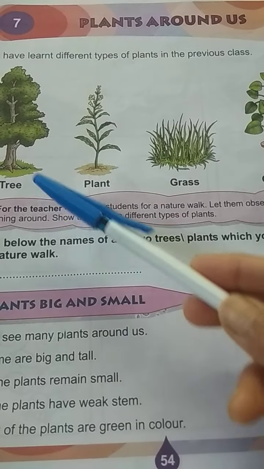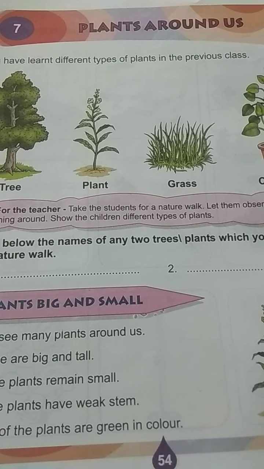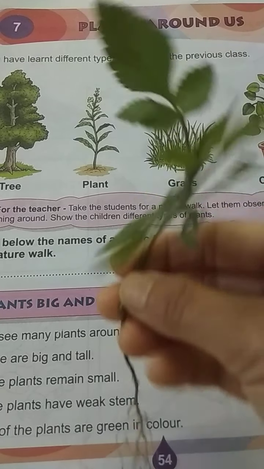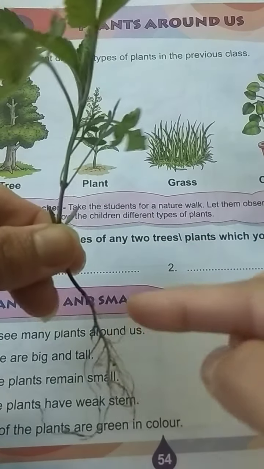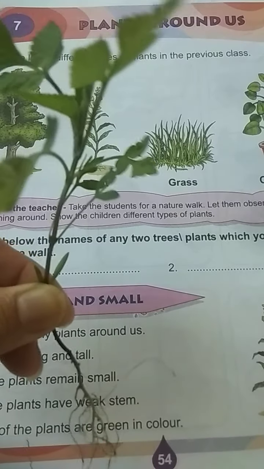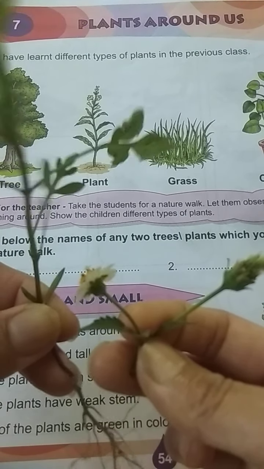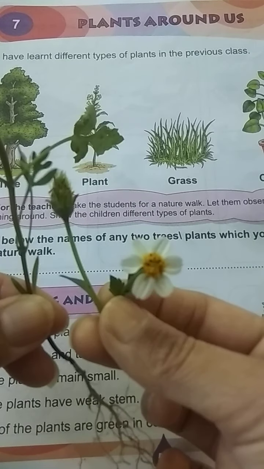So these are the different plants that are seen around us. And these special features like your leaves, your stem, the roots, the flower on it, they make them special, and that's why we call them a plant.